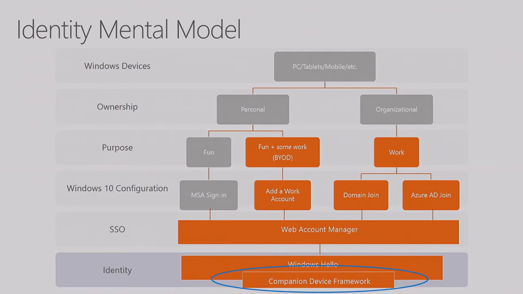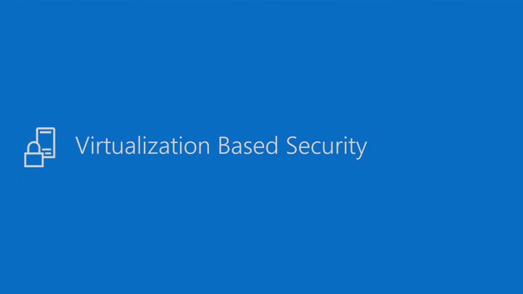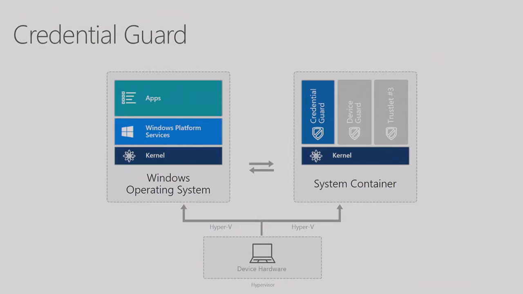So one of the things that we did, so this is how we've been talking about how we took identity, we secured identity, and how there's another layer of identity protection that we added. And this is where virtualization-based security comes in. What we did really was, at a very fundamental level, and again, there are a lot of deep dives that go into the details, but at a very high level, we said there are certain things that are very important, things like your credentials, things like protecting this device.